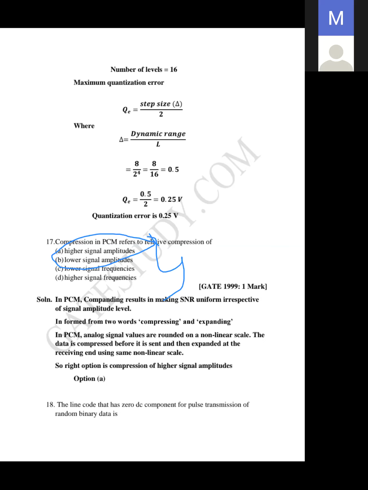Frequency we typically discuss in analog signals, not here. In a digital signal, the two things that vary are phase and amplitude. That's why companding applies to higher signal amplitude. Higher signal amplitude is compressed at the transmitting end, then at the receiving end we expand it to get the original version of the information which I transmitted. That process is called companding.